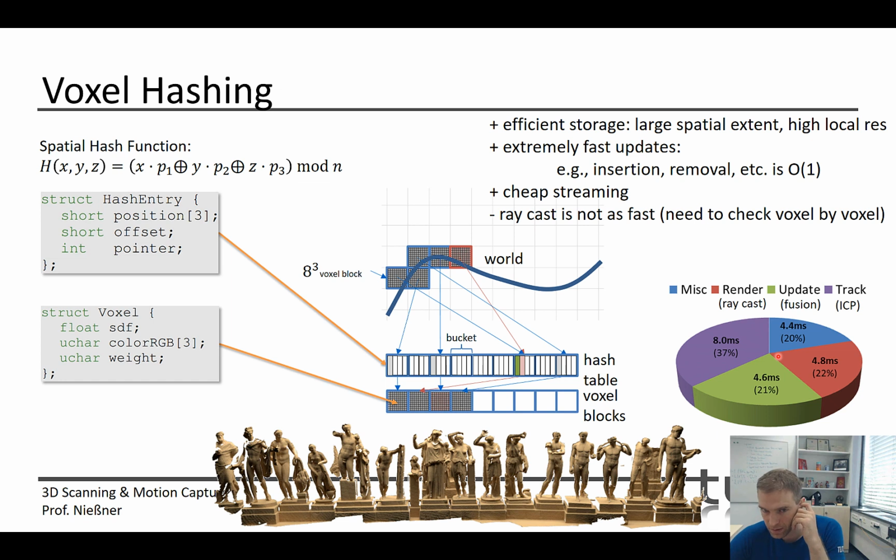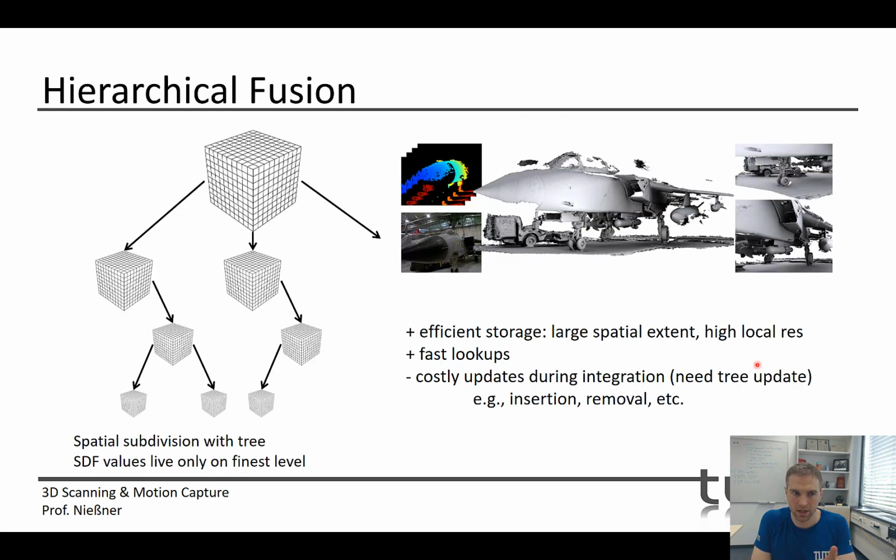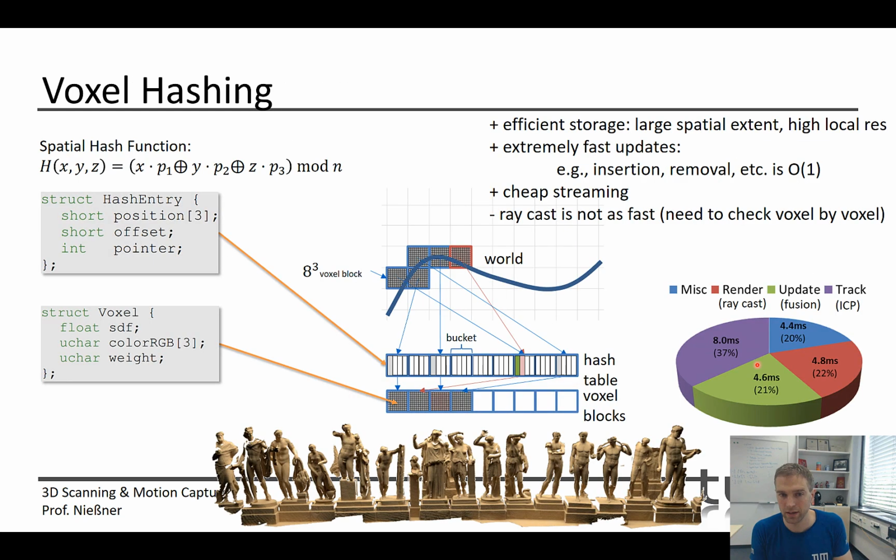If you're interested in data structures, I would highly recommend trying to understand the concept of volumetric spatial hashing, such as in voxel hashing, and sparse octrees, such as in this hierarchical fusion paper. I think that would be pretty cool to look up.